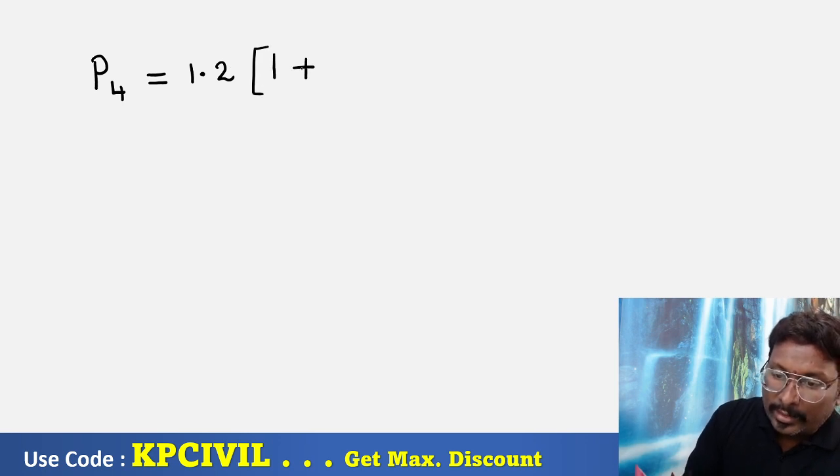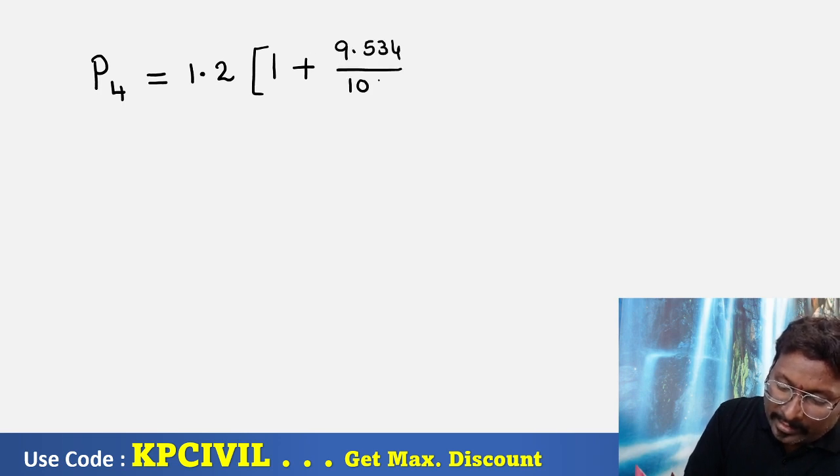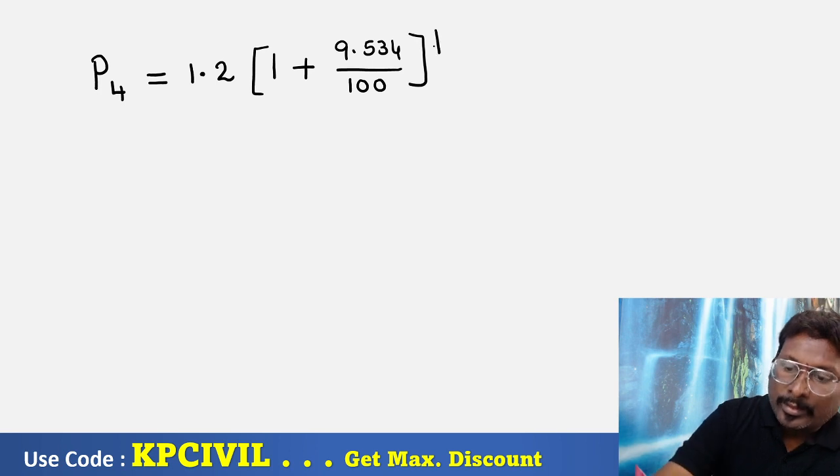So population for the fourth decade is equal to the population in the third decade, 1.2, into (1 plus R value, how much you got, 9.534 upon 100) whole power 1. Please check this.